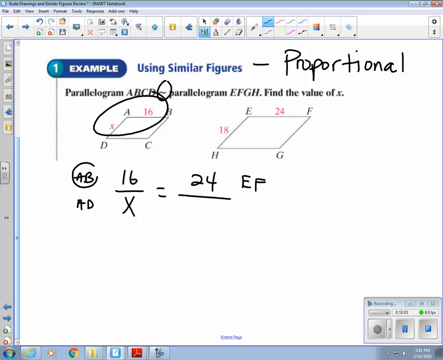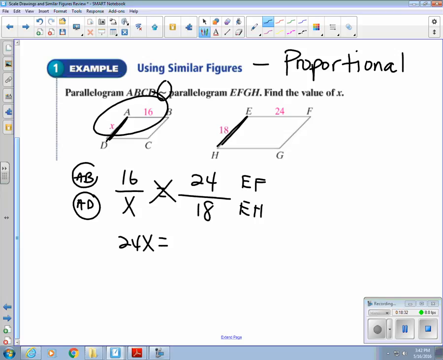And in the bottom, the side that corresponds with AD, this side here, will be EH, so EH is the corresponding side, and 18 would go in the bottom. Then we can just go ahead and do cross products, and I'm going to get 24x is equal to 16 times 18, which I'm going to have to punch in my calculator.